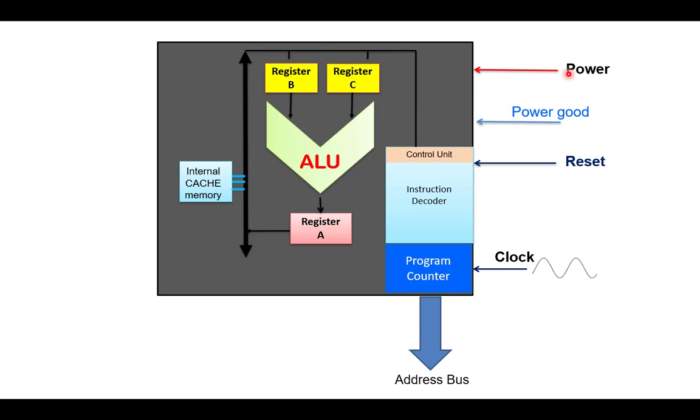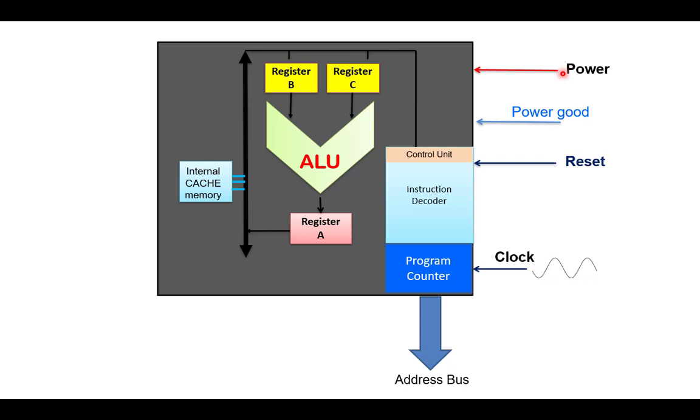Then VDDQ, which is the RAM voltage, somewhere around 1.5 for DDR3 RAM and 1.2 for DDR4 RAM. And then the CPU core voltage, and modern CPUs also require a graphics core voltage. So three or four levels of voltages are required to run the CPU.